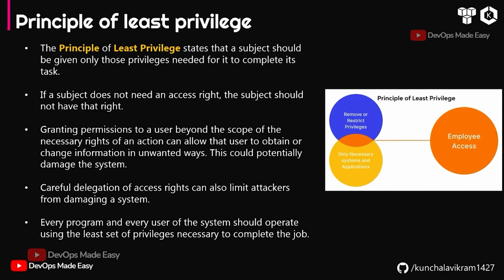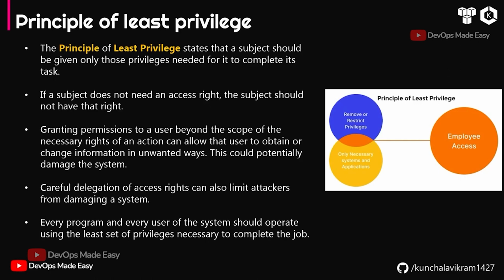And also careful delegation of access rights can limit attackers from damaging a system. So if they gain access to an IAM user account, since we are restricting that IAM user to perform only certain activities within the AWS account, even if the attacker gets access to his account, they cannot do anything beyond the permissions that are assigned to that IAM user.